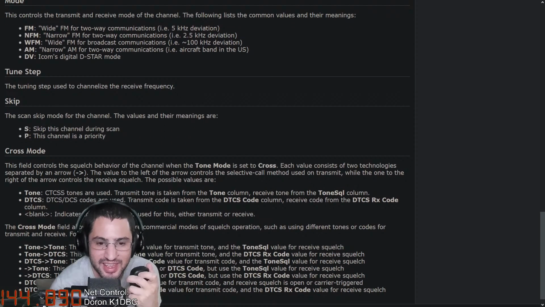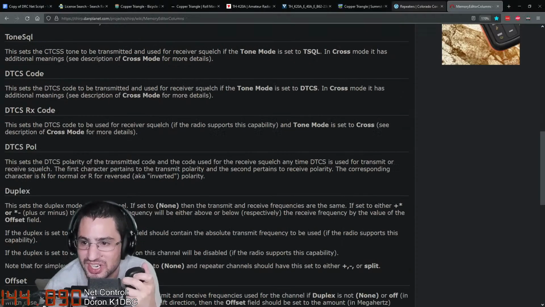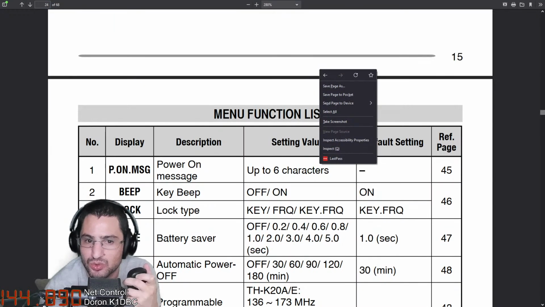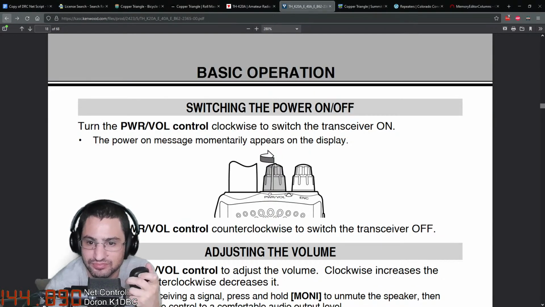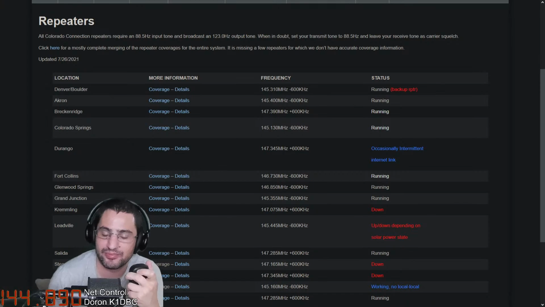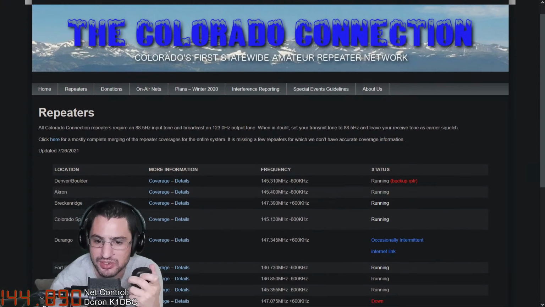Doing that in the field on the spot is a little bit challenging sometimes, depending on your radio. It sounds good though there with the Kenwood TH-K20 radio. Hopefully it was fairly easy to set some of those repeaters in there, some of the repeaters in there.